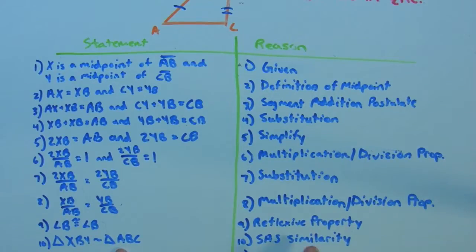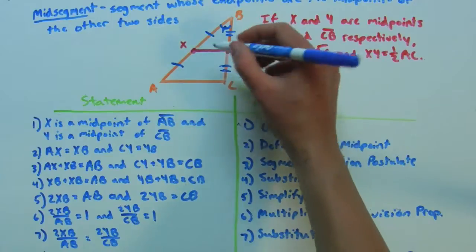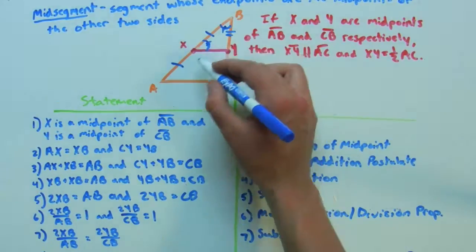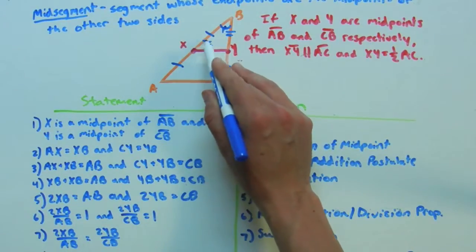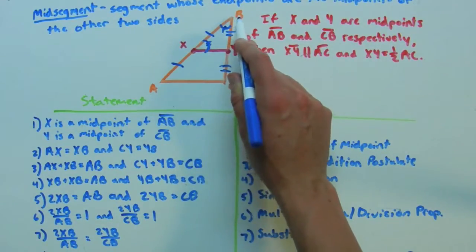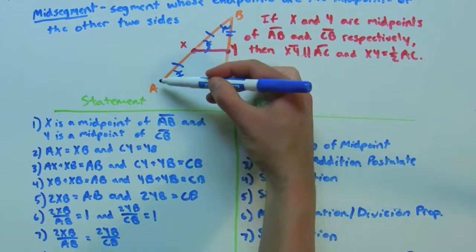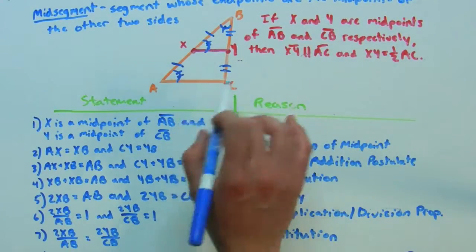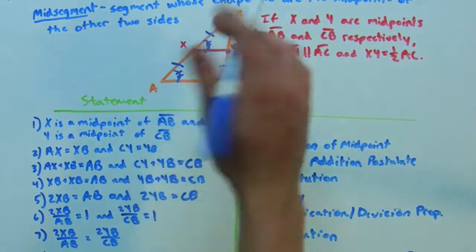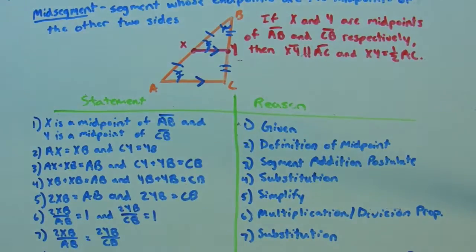And from this point, just like in the last theorem we proved, T43, the converse of the triangle proportionality theorem, since XBY is similar to ABC, we can say that angle X, and this angle X is meaning this angle BXY, so angle X in this smaller triangle is congruent to angle A. And from there, since AB is a transversal of both XY and AC, and the corresponding angles are congruent, we're going to be able to say that XY is parallel to segment AC.